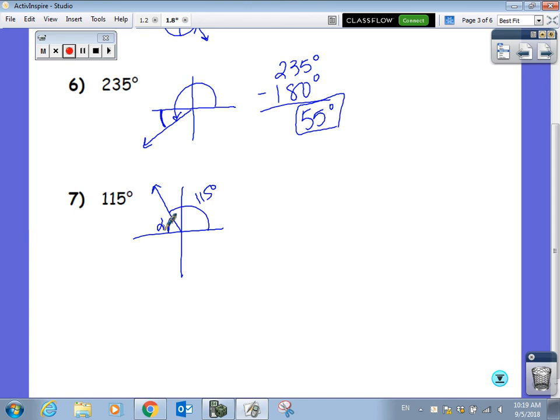It will always be acute, and reference angles are always positive. So here we would do 180 minus 115 and get 65 degrees. So if you need to show those steps, show that work. If you don't, that's okay too. So just kind of a reminder from yesterday, reference angles.